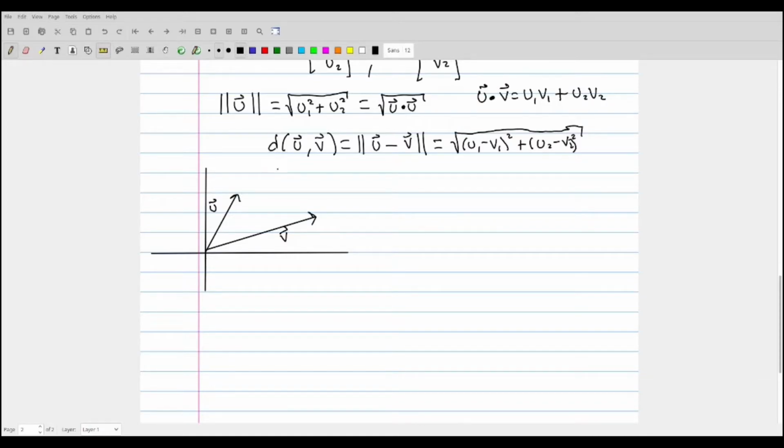Then the vector u minus v is the vector going between those 2 points.